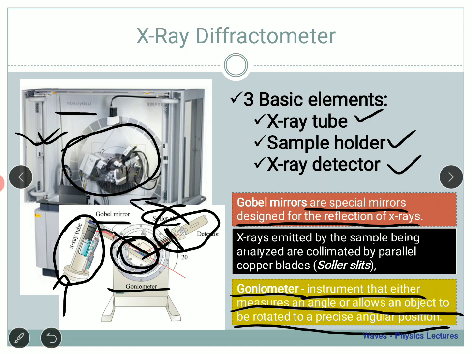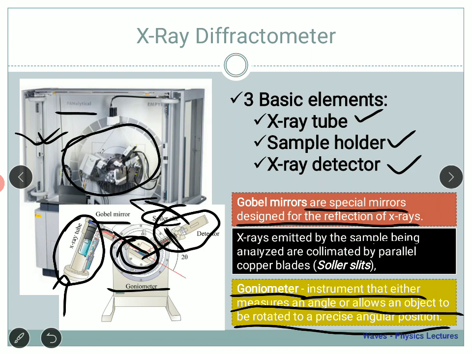Whether I keep the X-ray tube fixed or not depends on what kind of configuration I am using, but in general it's possible that I can rotate it. So this entire setup is called the goniometer. The goniometer has the attachment of the X-ray tube, the X-ray detector and the sample holder, and all of them can be rotated according to our will and as per requirement. Okay. So this is important.